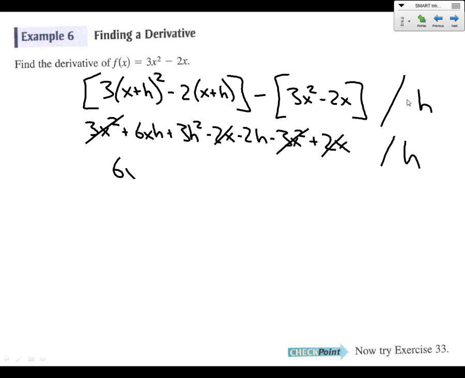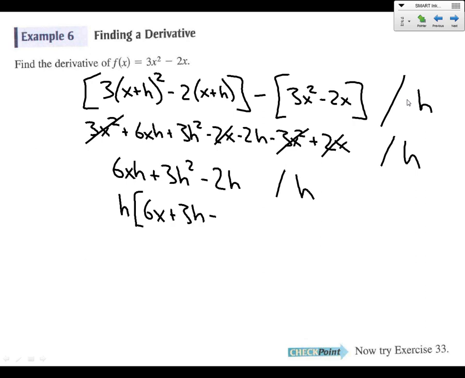So 6xh plus 3h squared minus 2h all over h. Let's pull an h out front. 6x plus 3h minus 2 all over h. The h's go away.